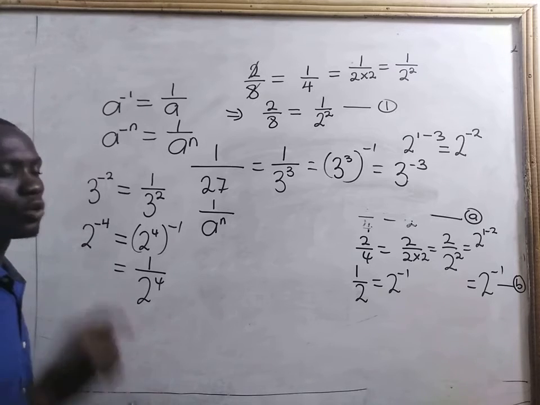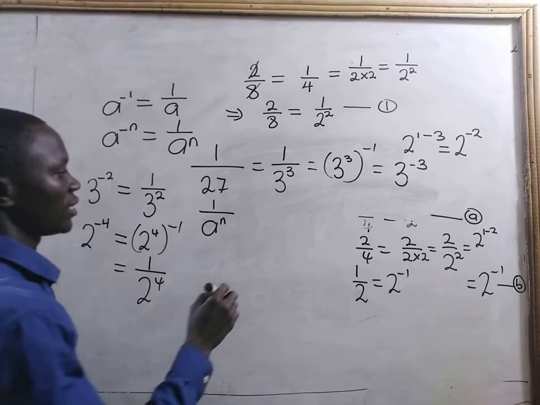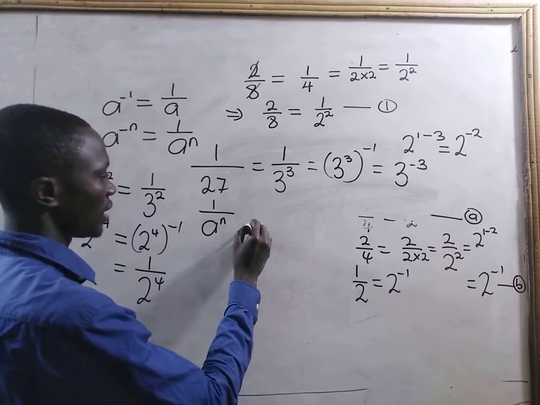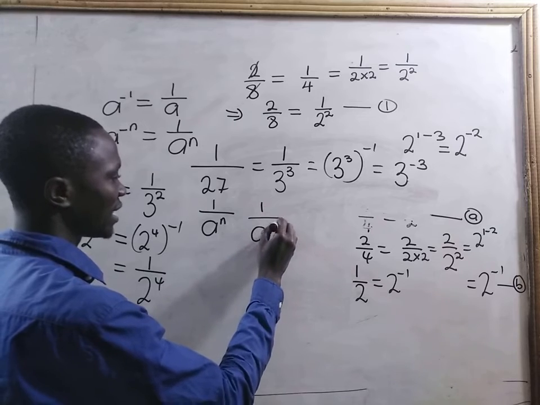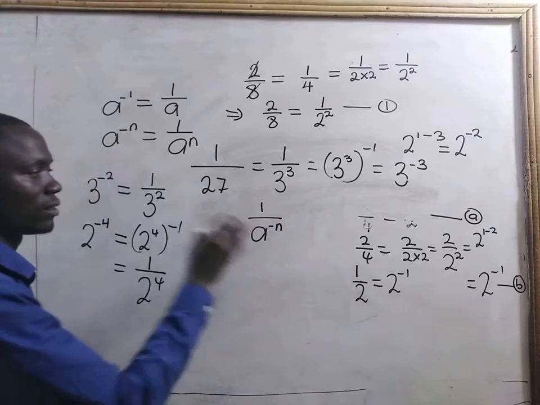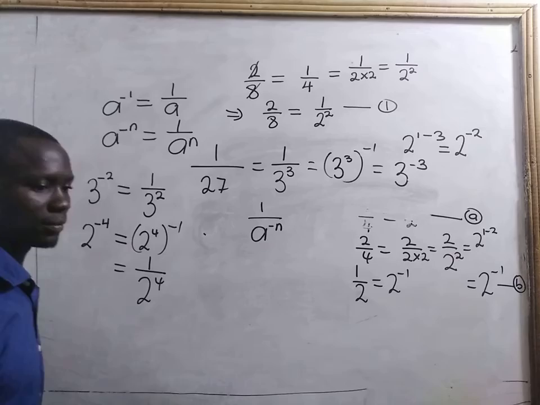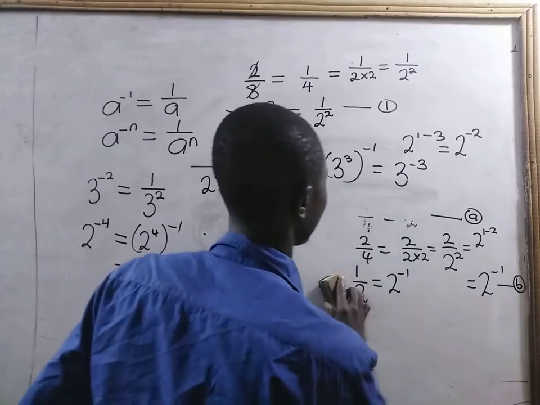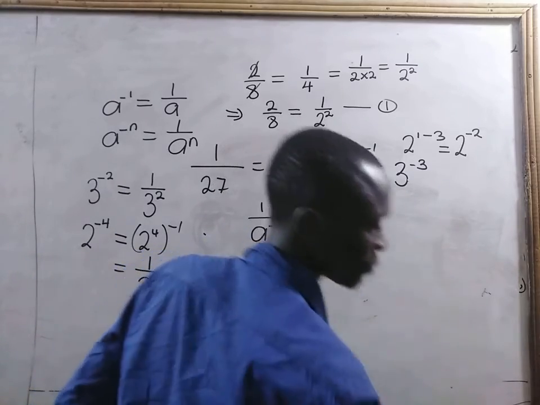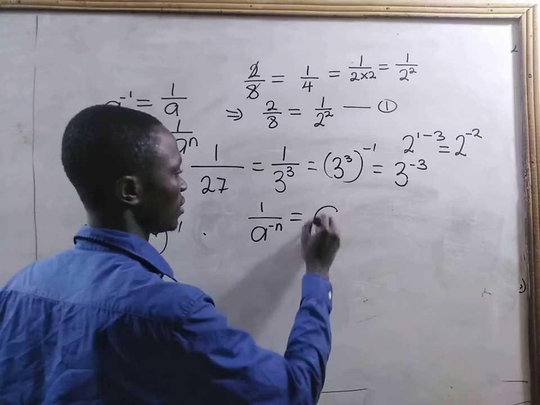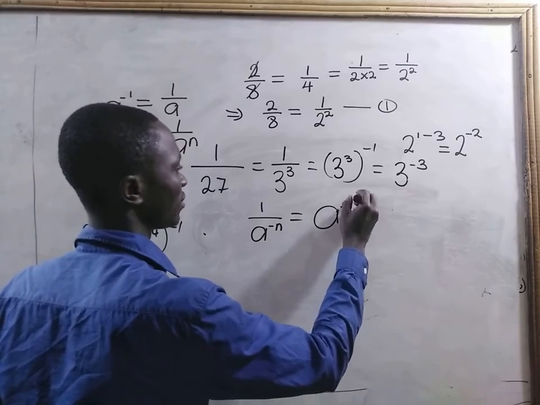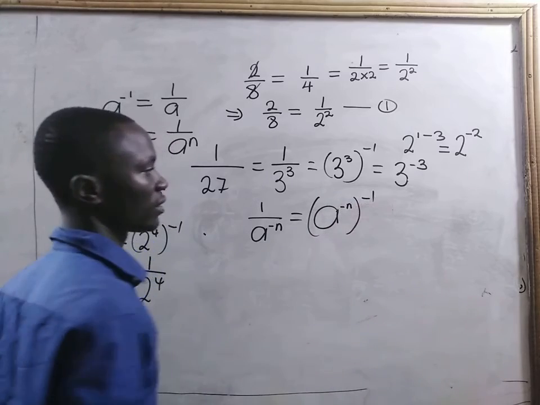What about having this? If I have, let's say, 1 over a power negative n, what are you going to get? Let's check that one. This one will be the same as a power negative n to the power negative 1.